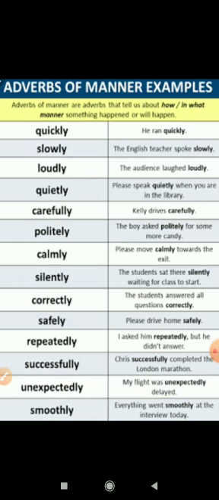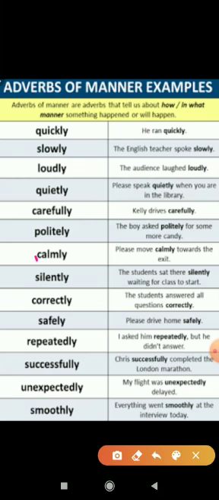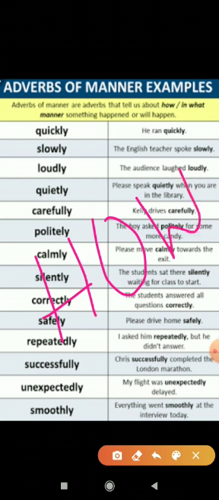Here we have few examples. We call them also how words. Adverbs of manner tell us how or in what manner something happened or will happen. So we call them how words.